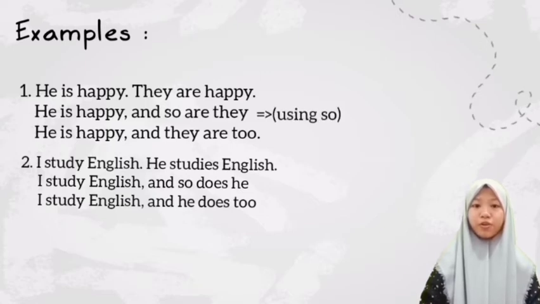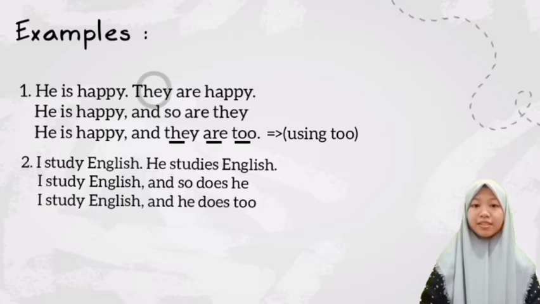By using so: he is happy, and remember the formula, so plus the auxiliary verb of the second sentence, in this case are, plus the subject, they. By using too: he is happy, and remember the formula, the subject of the second sentence, they, the auxiliary verb of the second sentence, are, plus too.